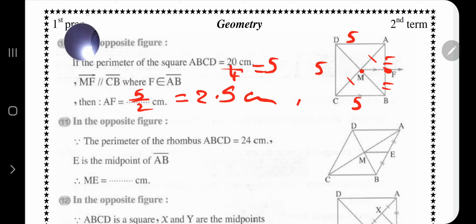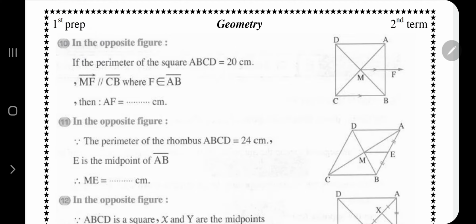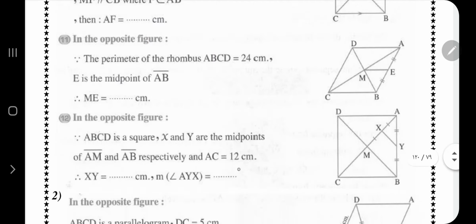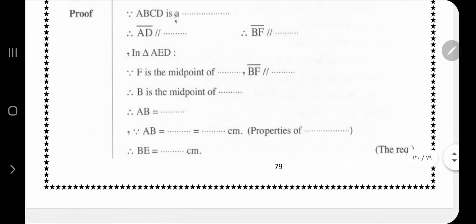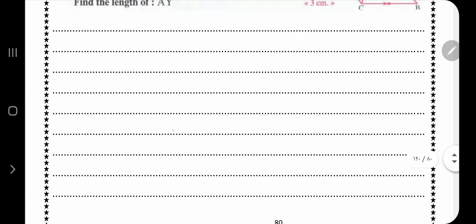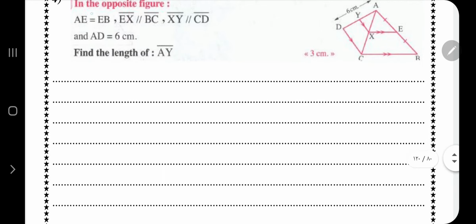I will complete in the same way. Start to answer the proof. At first he asked me to find the length of AY. I will start with triangle ABC.